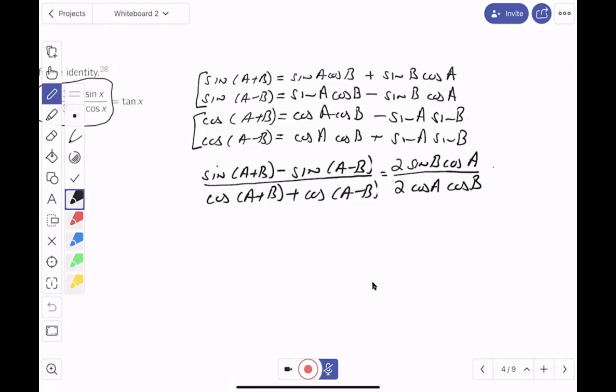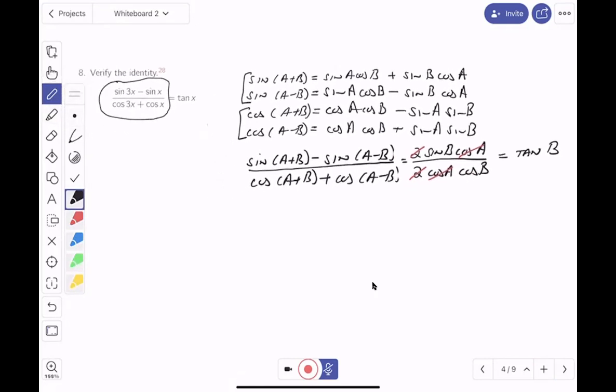And I'm going to simplify it. What would that give you? Well, the cosines definitely disappear, and the 2 disappears. And what are you left with? Well, you're just left with the sine over the cosine, which is the tangent of b.